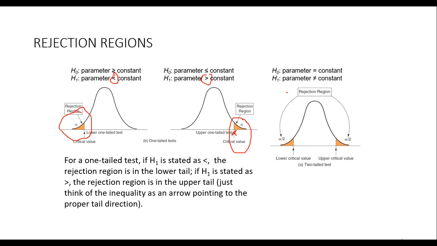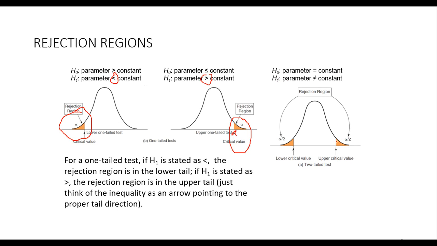And suppose our null hypothesis is that the mean IQ level is equal to, say, 100. So the population parameter measured from the sample data is equal to a constant, and the alternate hypothesis is that the parameter is not equal to the constant.